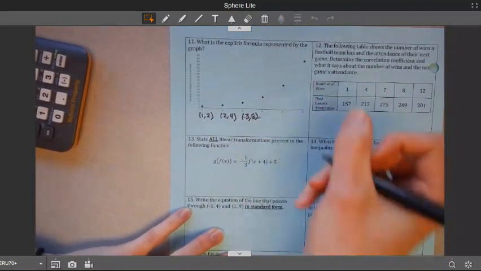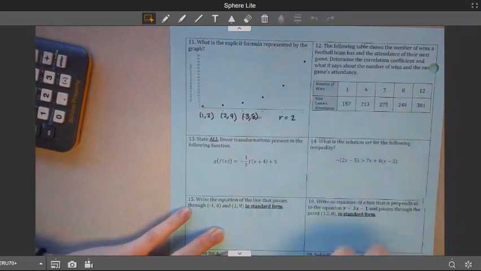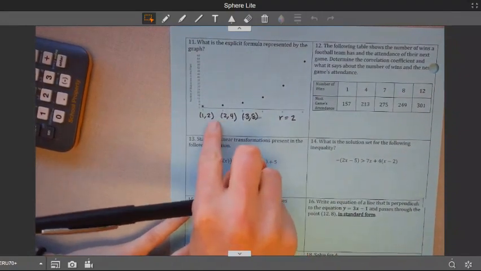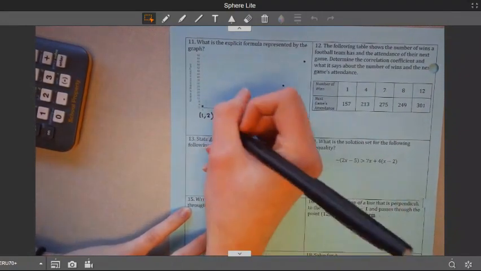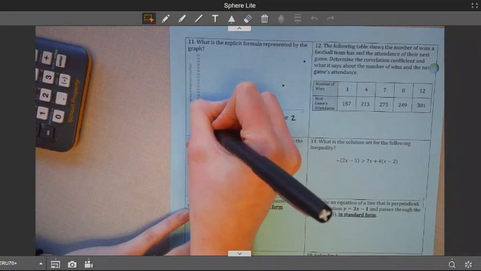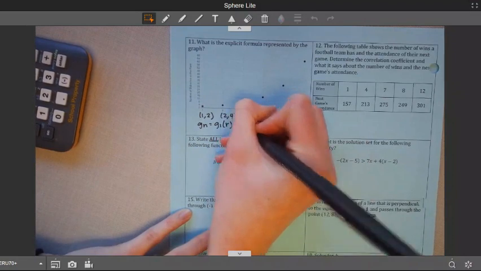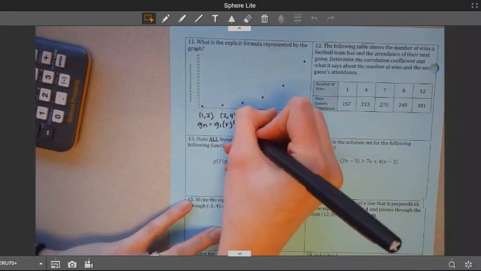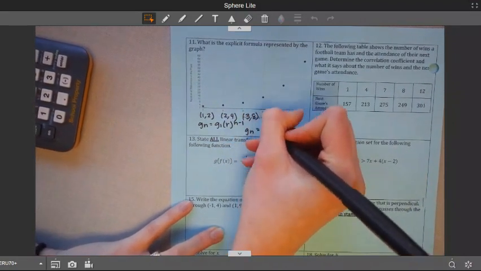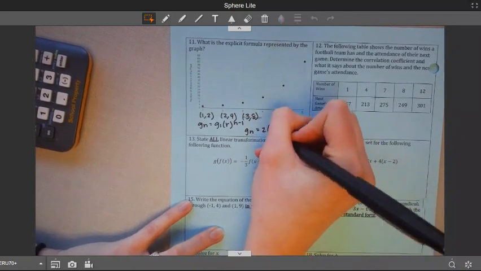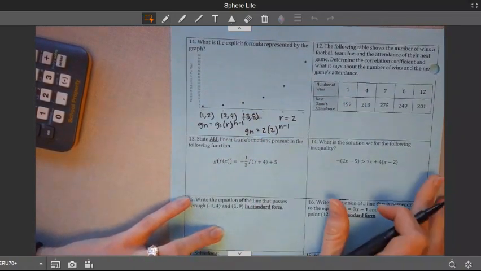So my common ratio is equal to 2. And my first term is 2. So the explicit formula for a geometric sequence is g sub n is equal to g sub 1 times r to the n minus 1. So here we go. G sub n is equal to 2, because that was our first term, times 2 to the n minus 1.